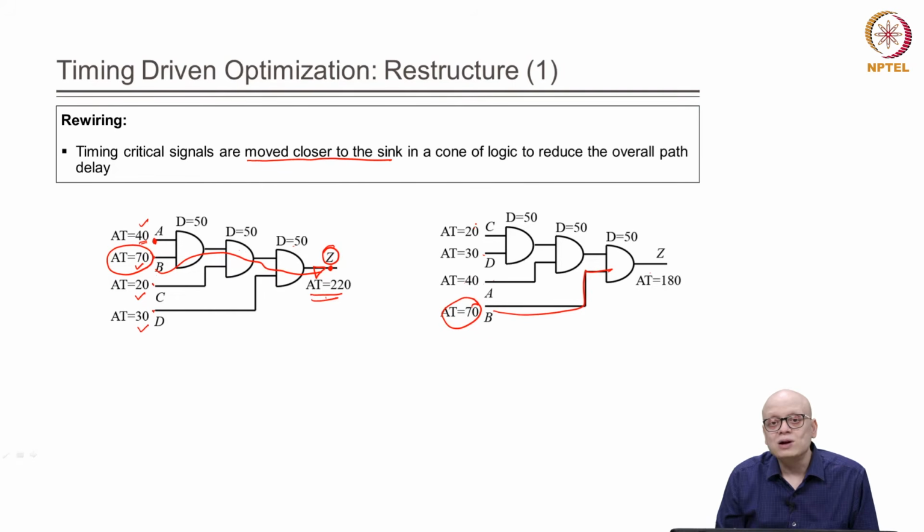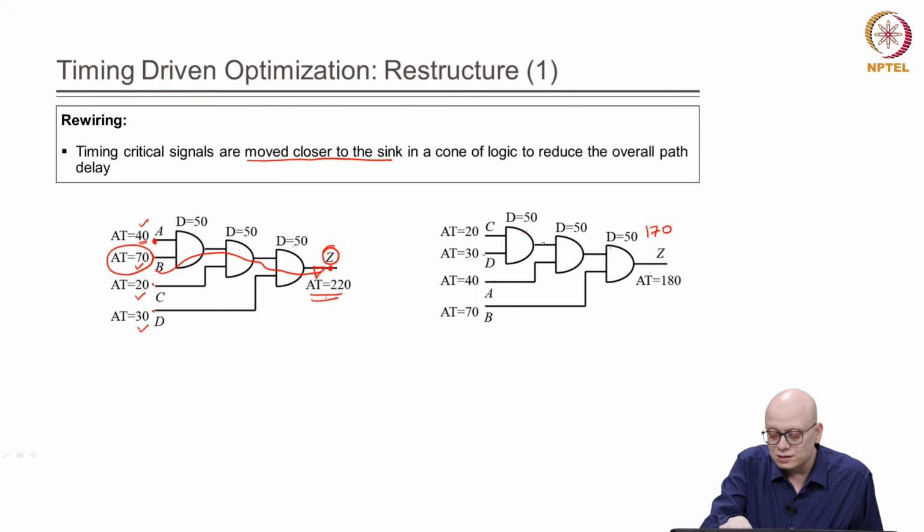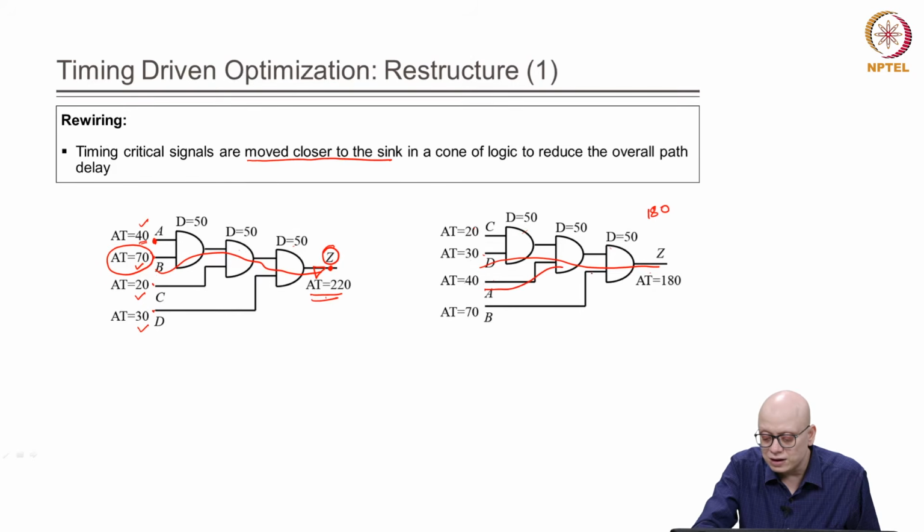Now let us see what the arrival time is. For this path, 20 plus 150, that is 170. For the other path, we have 30 plus 150, that is 180. So, the worst is 180. Now, for this path, we have 100 plus 40, that is 140. So, still 180 is the worst, and for this path, we have 50 plus 70, 120.